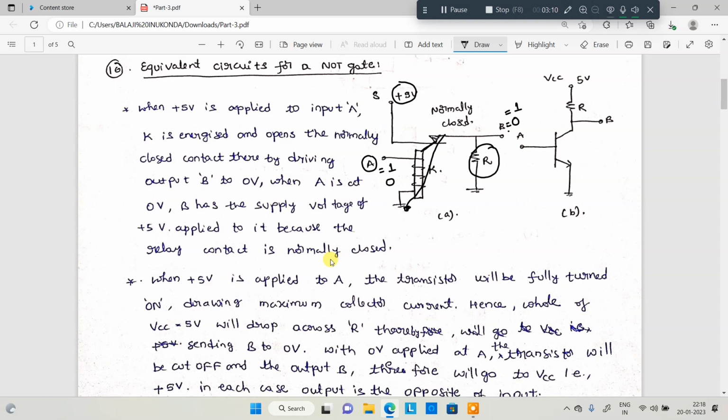This is the equivalent circuit and working principle of a NOT gate.